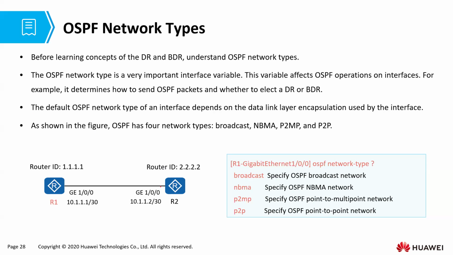We have what we call a non-broadcast multiple access network. We have a point to multi-point network and we have a point to point network. These are types of networks that behave differently with respect to OSPF.